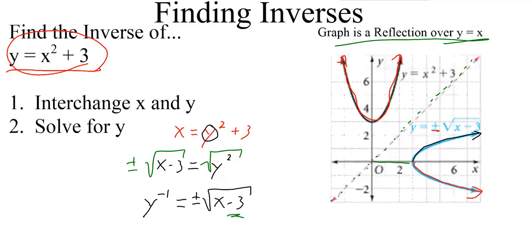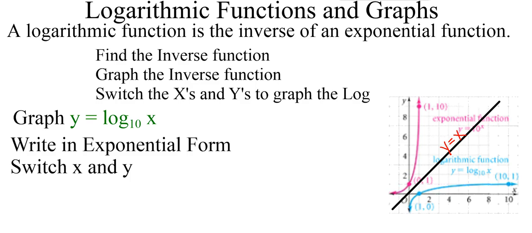Okay, so as we think about our logarithm functions, we want to think of them as an inverse of our exponential function. So what we want to do is find the inverse function, graph the inverse function, and switch the x and y's to graph the log. In this example, we want to graph y equals log base 10 of x.